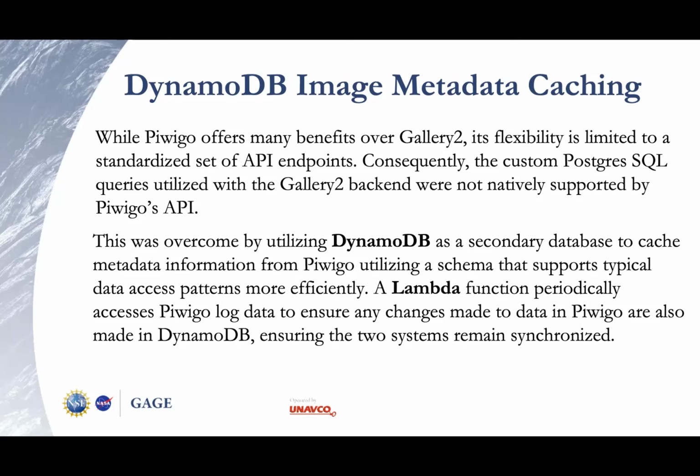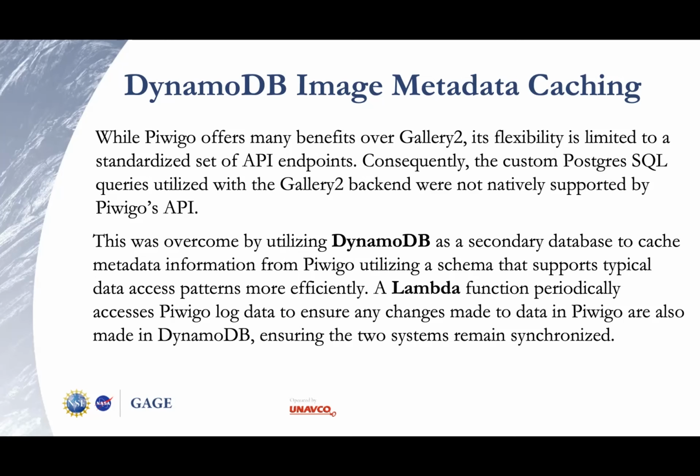And in order to keep these two databases in sync, because PyWego is separate from DynamoDB: PyWego hosts all the image data through a visual user interface that anyone can go on the internet through their browser and interact with. DynamoDB only stores the image metadata with a link to the image hosted by PyWego.